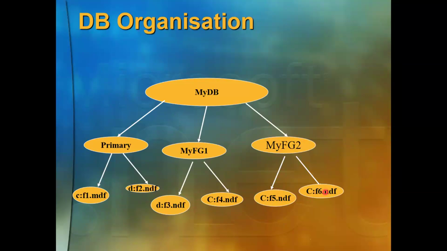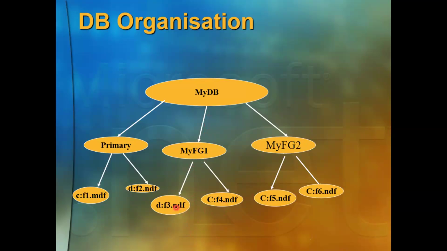Is it that first the first file gets filled and then the second file gets filled, or how is it going to be filled? The answer to this question is it is filled based on the sizes. For example, I have F3 and F4. Suppose F3 is 1 GB and F4 is 2 GB. Just for the sake of understanding, suppose I am entering 3 rows.